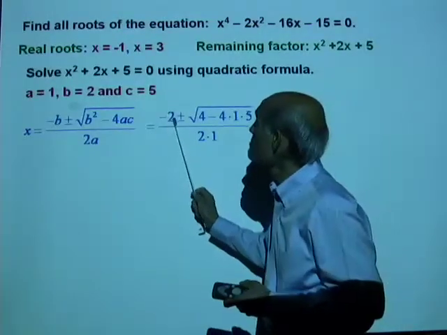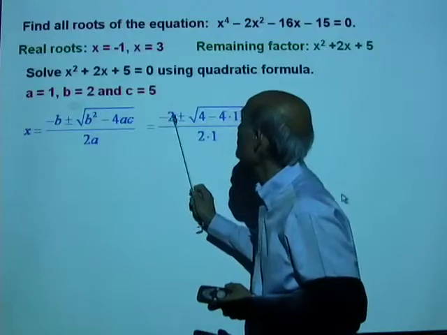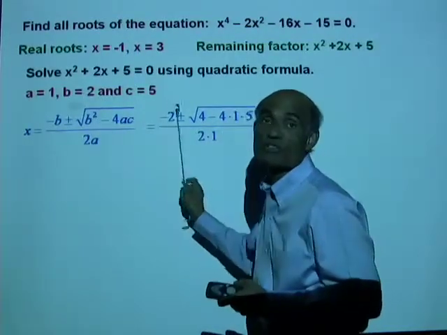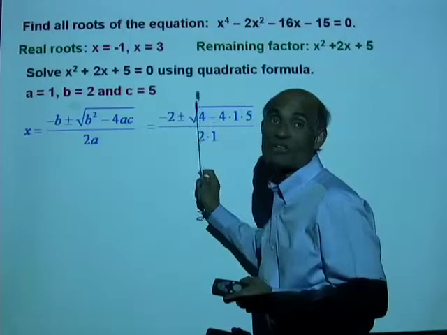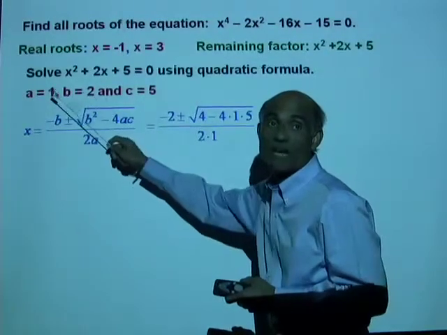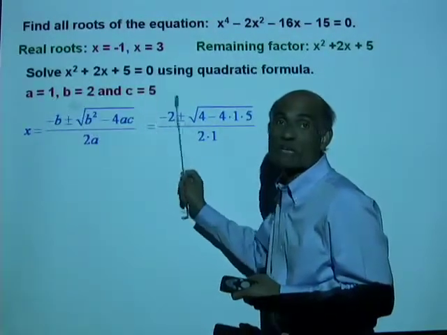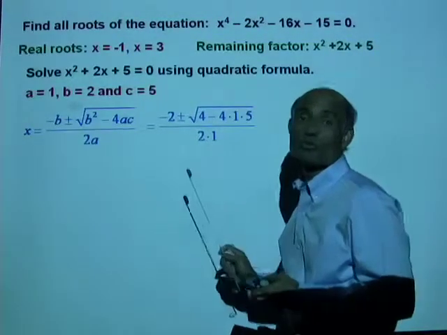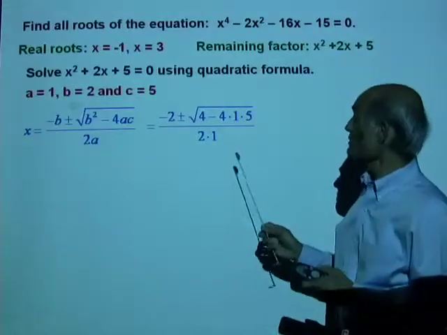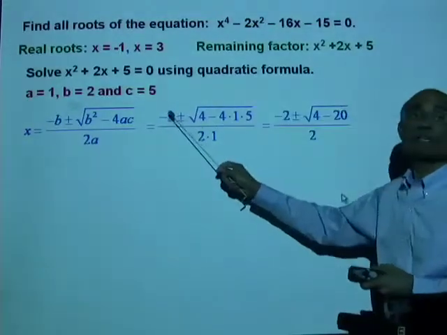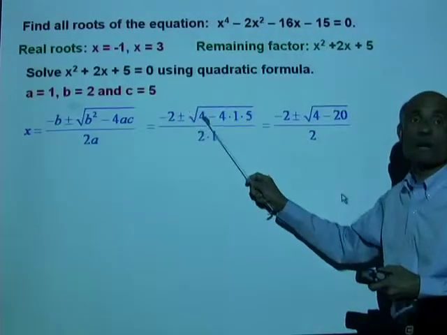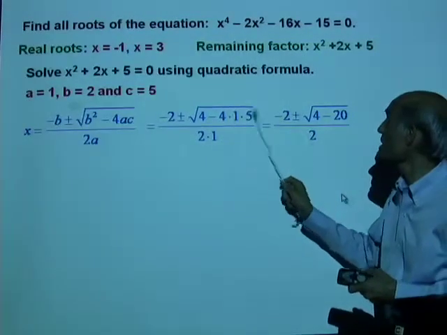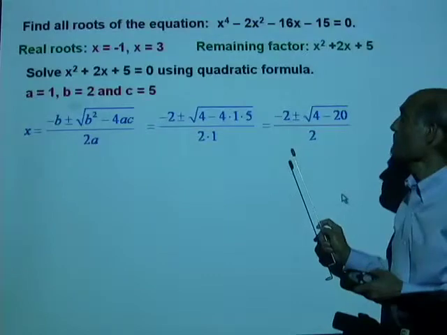Well, negative b, that is negative 2, plus or minus square root of b squared, which is 4, minus 4 times a times c, 4 times 1 times 5, over 2 times 1. And simplify that. That will be negative 2 plus or minus square root of 4 minus 20, over 2.